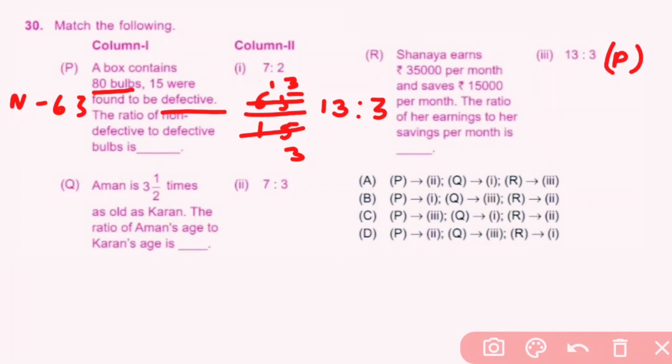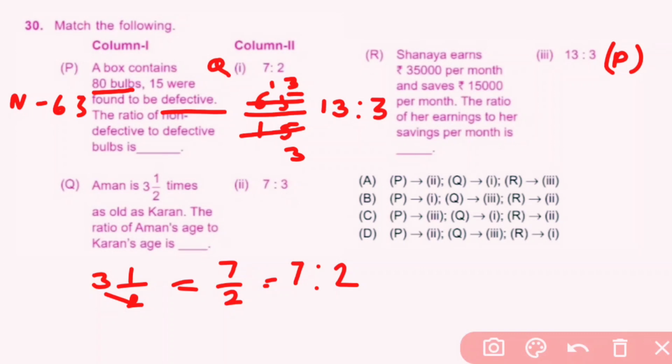Now Q. Aman is 3 1/2 times as old as Karan. The ratio of Aman's age to Karan's age is dash. Now 3 1/2 is equal to 3 into 2, 6, 6 plus 1, 7/2. Means it is equal to 7 is to 2. So for Q, 1 is the correct answer. And now R. Shanaya earns rupees 35,000 per month and saves rupees 15,000 per month.